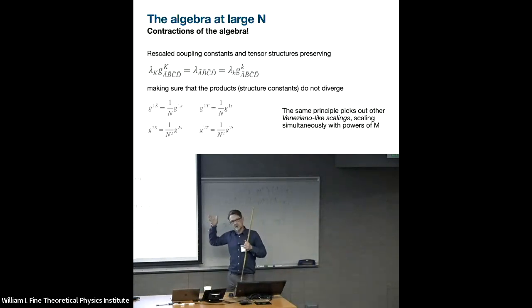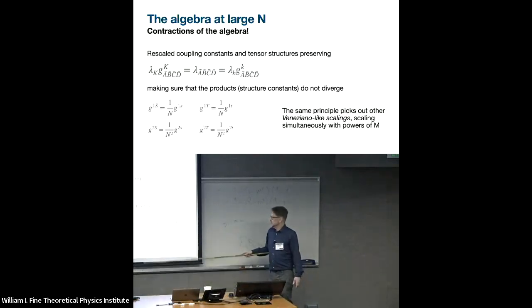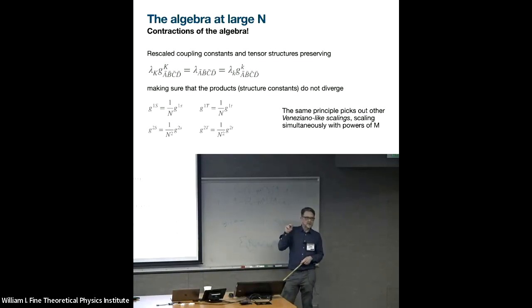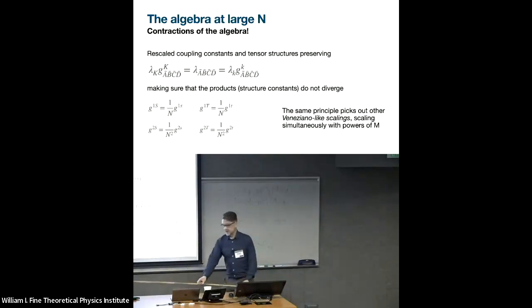And the consistent ways of doing that, getting finite structure constants, picks out particular Veneziano-like limits that are actually closely related to melonic limits that appear in tensor models, which I find intriguing.